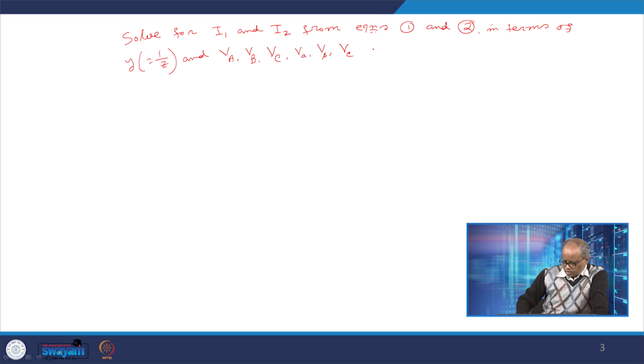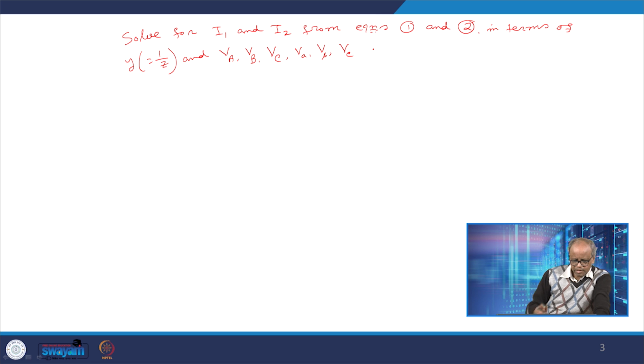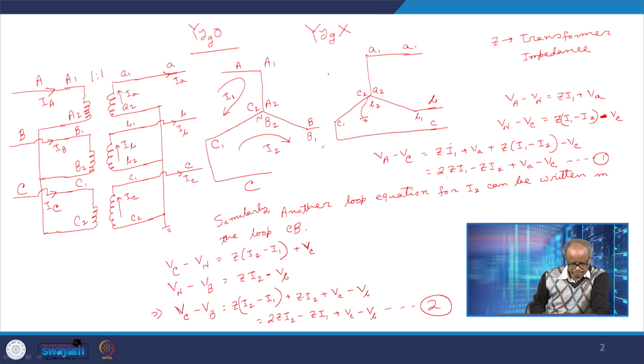And then we know that I capital A is equal to I1, I capital B is equal to minus I2, and I capital C is equal to I2 minus I1, since it is entering.